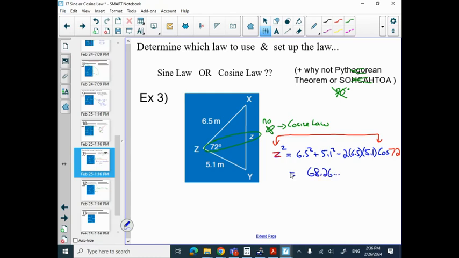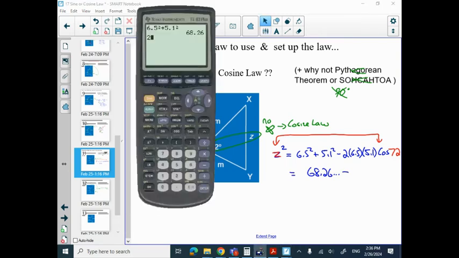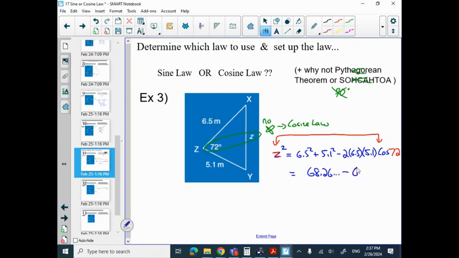And then we have minus 2 times 6.5 times 5.1. There we go. 66.3. And we have the cosine of 72 tagging along still.